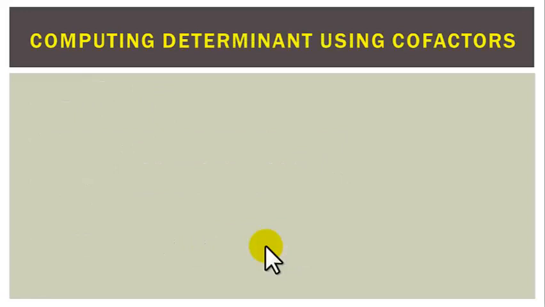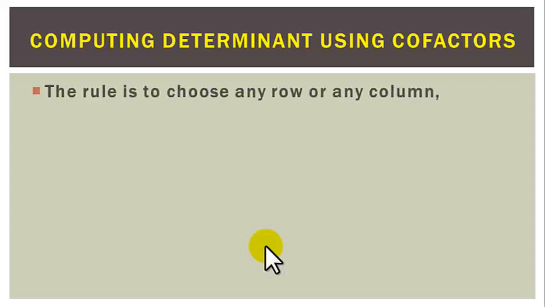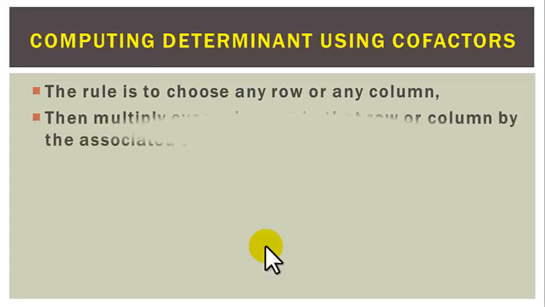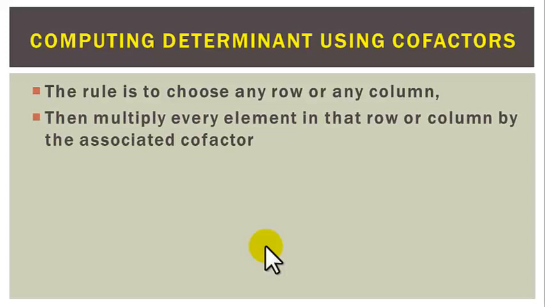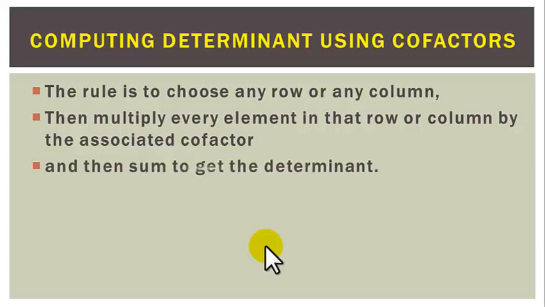Now let us see how we can compute determinant using cofactors. The rule is to choose any row or any column. Then multiply every element in that row or column by the associated cofactor, and then sum to get the determinant.